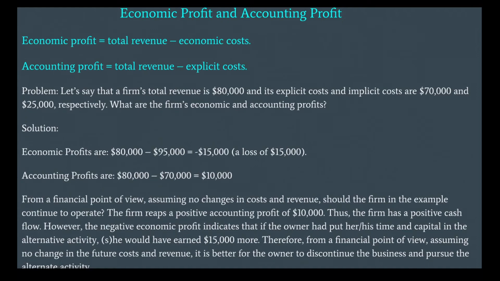However, the negative economic profit indicates that if the owner had put his time and capital in the alternative activity, he should have earned $15,000 more. Therefore, from a financial point of view, assuming no change in future costs and revenue, it is better for the owner to discontinue the business and pursue the alternative activity.